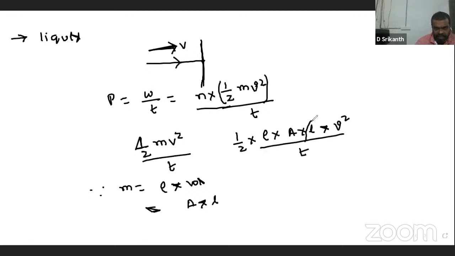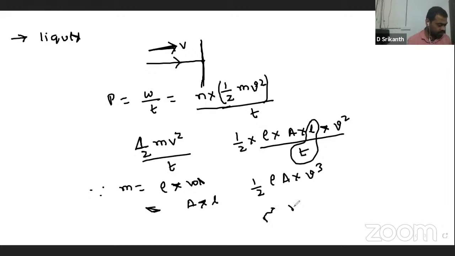L by t means velocity. So half rho A v cube, multiplied by v cube. That is the second point.